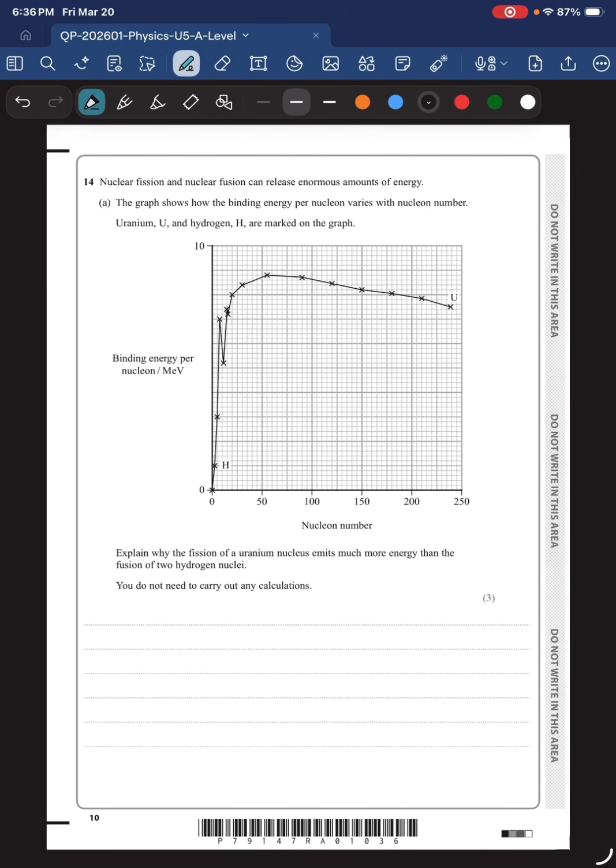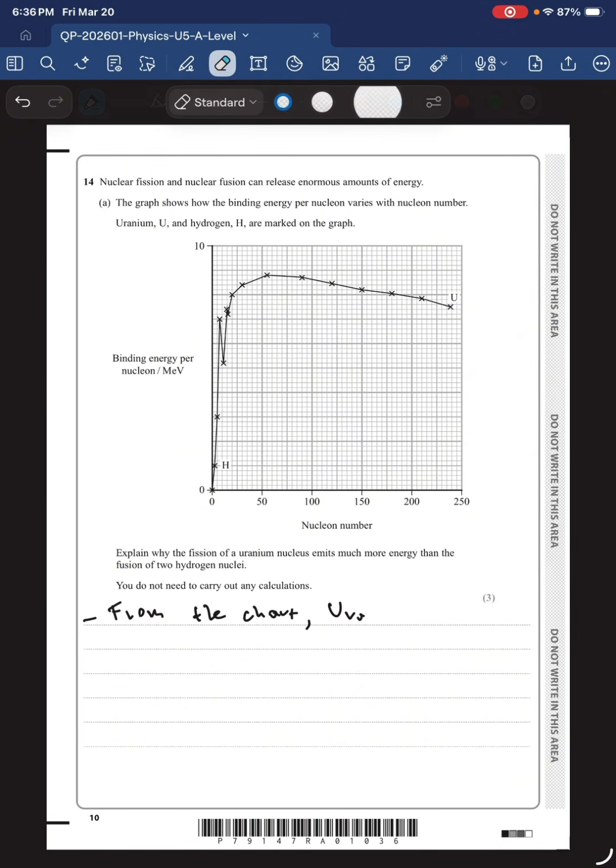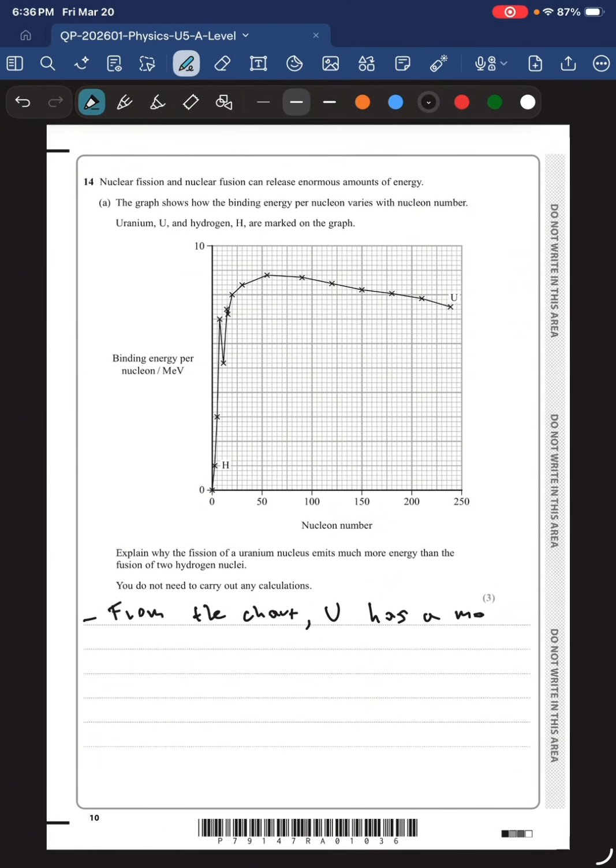Okay, so from the chart, this is the way I responded. Again, I haven't looked into the mark scheme, so please let me know if I messed up something. So, okay, from the chart, uranium, let's just write U to save time. Uranium has a mass number of about 240.